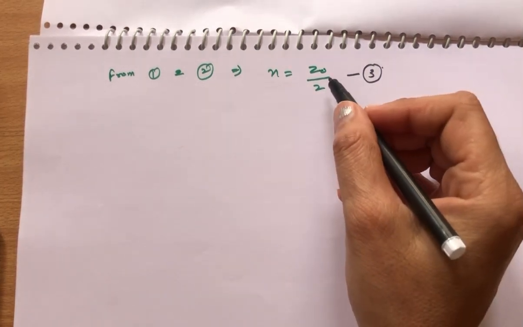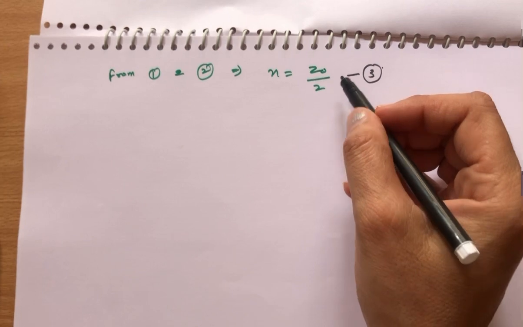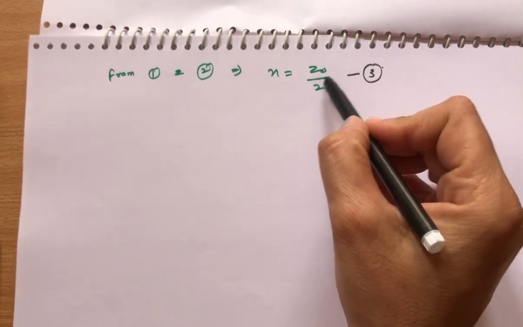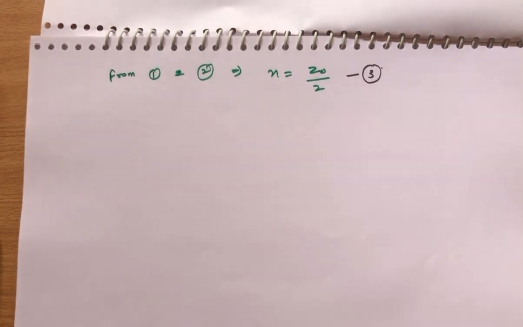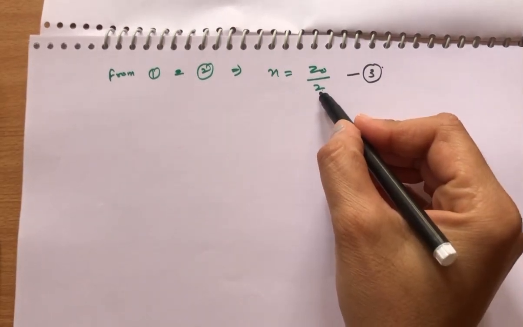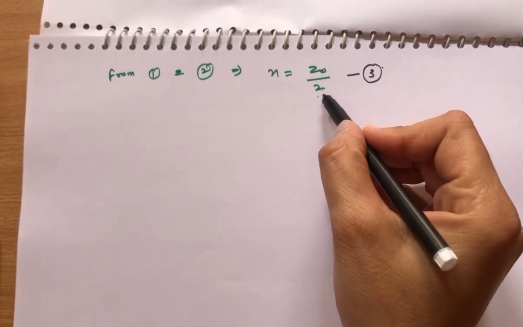Now this means that the refractive index is equal to the impedance of free space over the impedance of any medium. If the medium is a conductor, you can write here the impedance of a conductor.